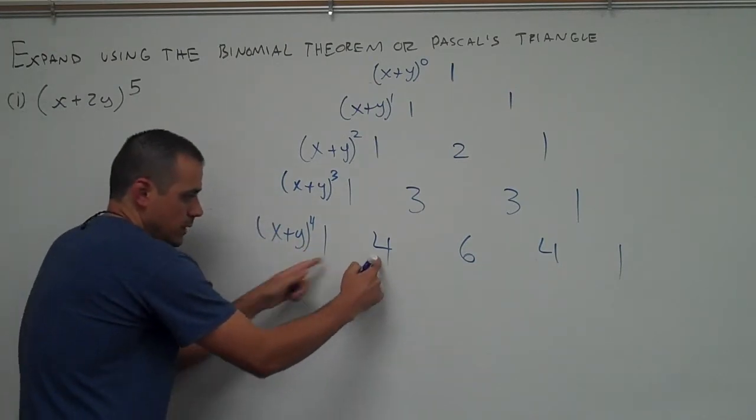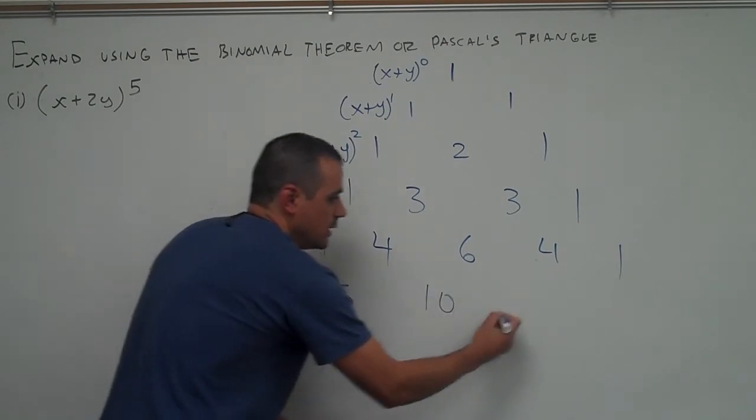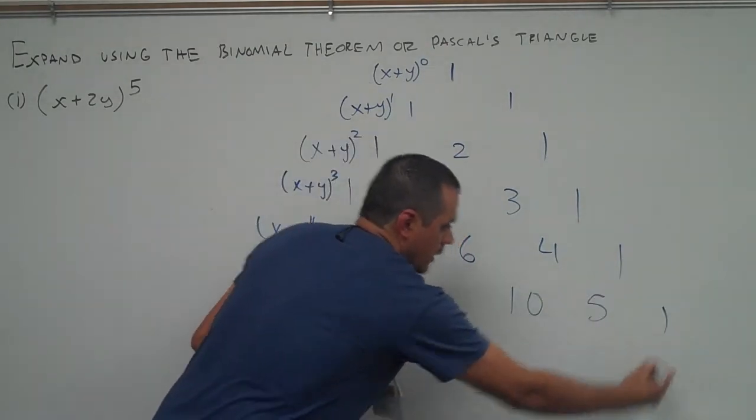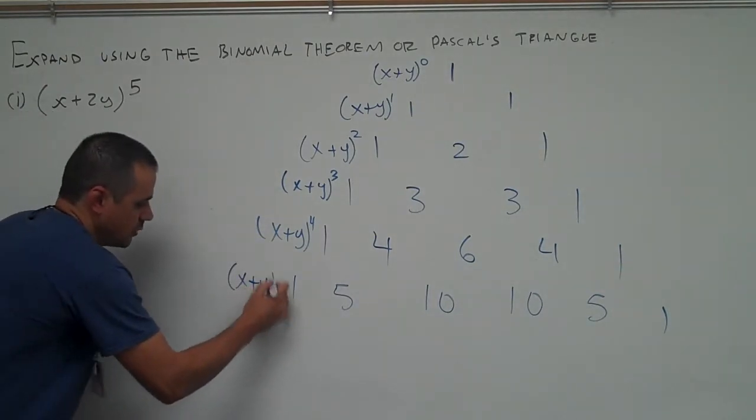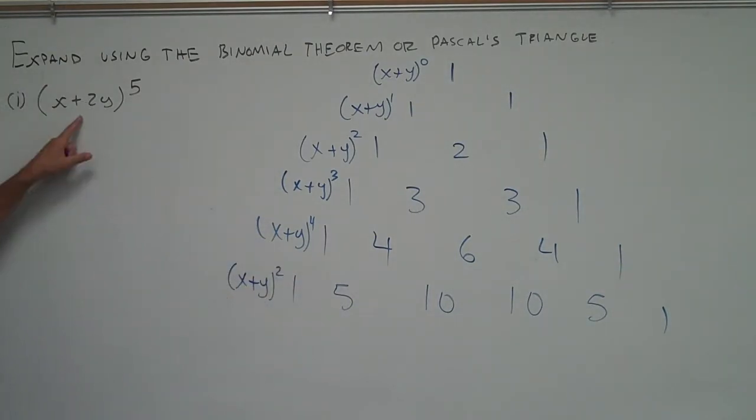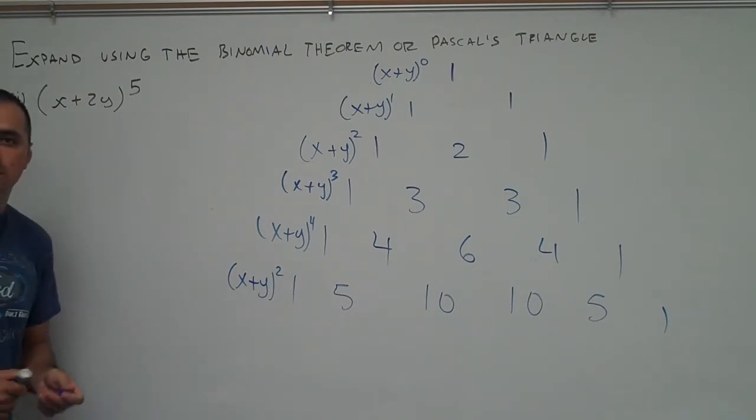So this is going to be 5, 10, 10, 5, 1. So now, this row right here of Pascal's triangle is what we're going to use as our coefficients for this binomial when we expand it. So let's go ahead and expand it and see what we come up with.